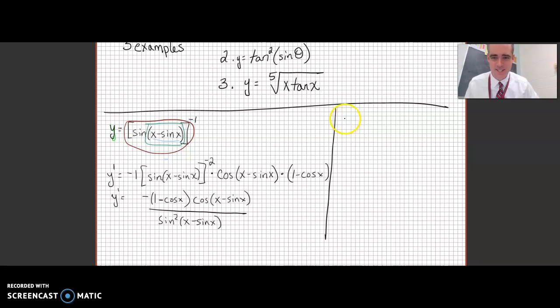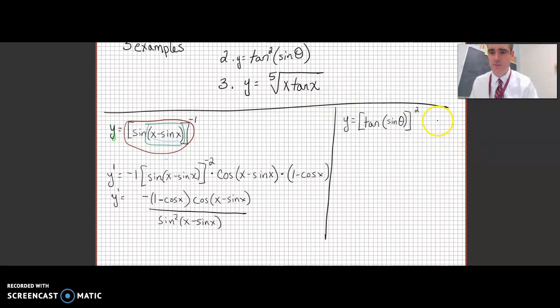Okay, so moving on to our second example here. Again, this is a question we probably want to rewrite before we do it. And the easiest way to rewrite this thing is to rewrite this as the tangent of sine theta, squared. The reason I recommend you rewrite this is I think it makes it a lot more obvious that now we're dealing with 3 different functions that are being composed.